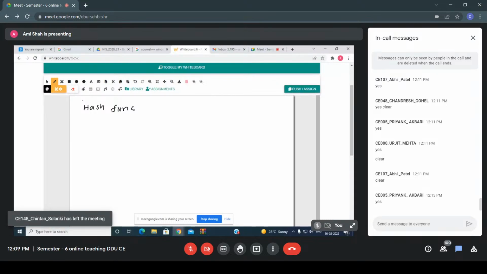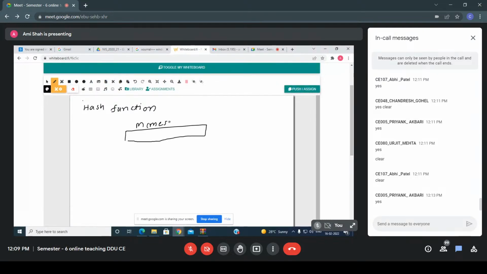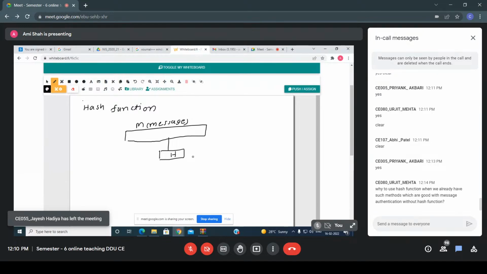Now, first I will draw the figure and then I will explain. Now, see here, in this hash function we are taking the whole message as an input, and it could be of any size, arbitrary size.